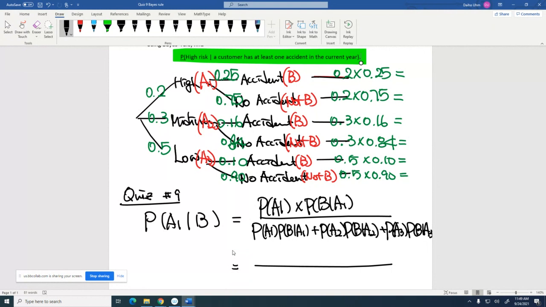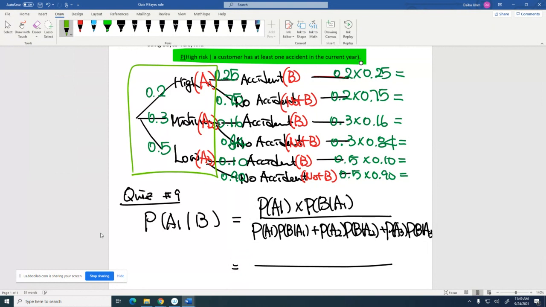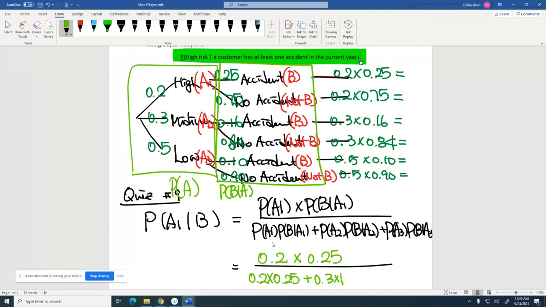I told you, the first column is the probability of A, and the second column is the probability of B given A. So now I can plug in 0.2 times 0.25, 0.2 times 0.25 again, and the next one is 0.3 times the conditional probability, and 0.5 times the conditional probability.